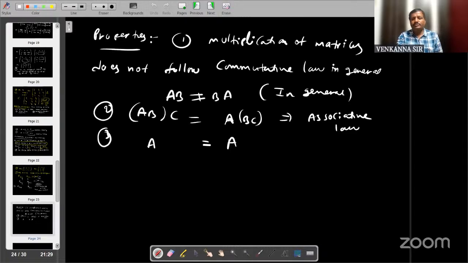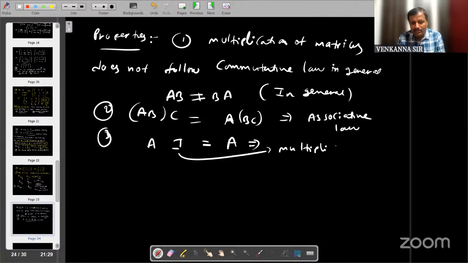Matrix A is there, to get the same matrix A, which matrix is to be multiplied? Yes, the unit matrix. A into I is equal to A. This I is called the multiplicative identity.